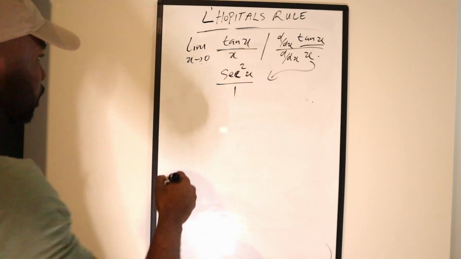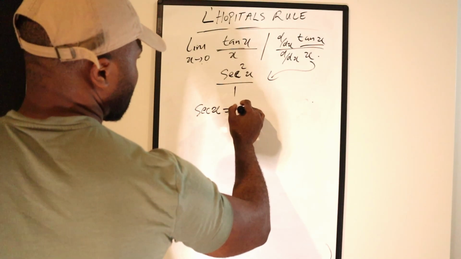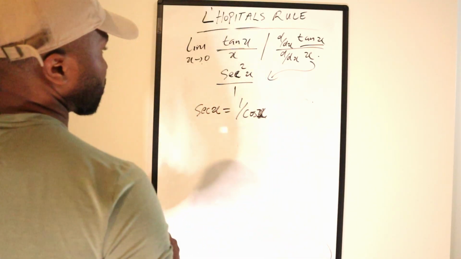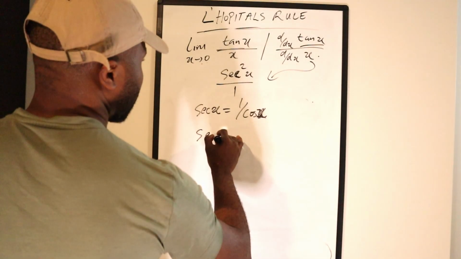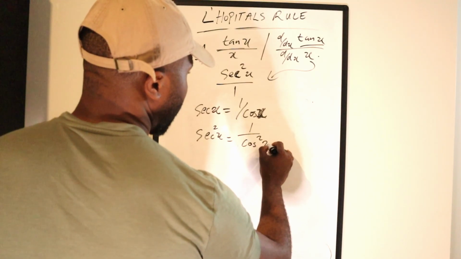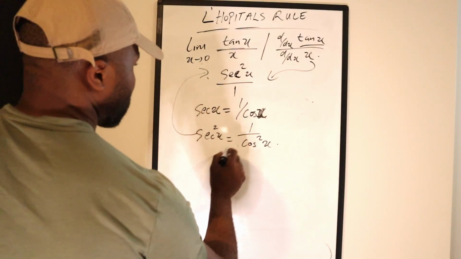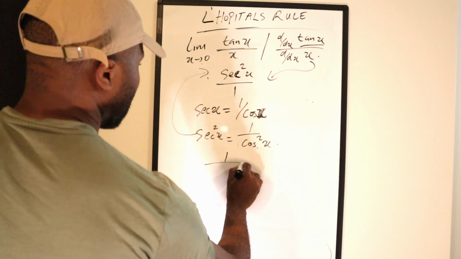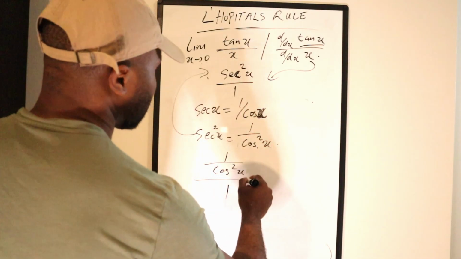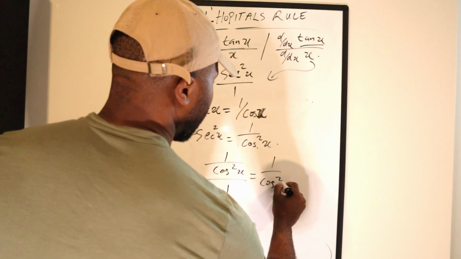So remember our trigonometry, sec x is equal to 1 over cos x, and sec squared x is equal to 1 over cos squared x. So we replace this with this. So 1 over cos squared x over 1, this is equal to 1 over cos squared x.